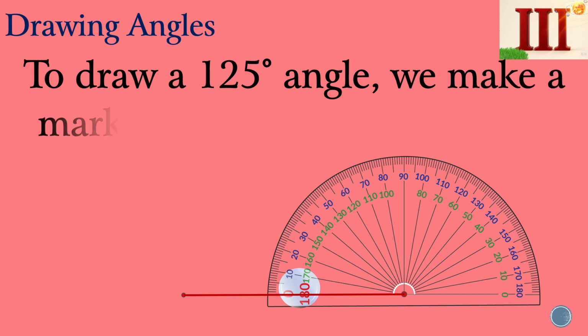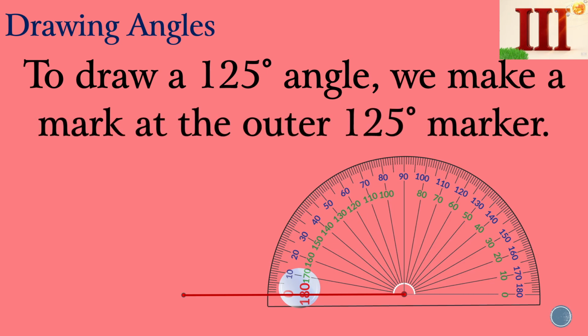So we want to draw a 125-degree angle. I didn't want to use a value that was already seen on the protractor because there will be times you'll be called to use these numbers in between here. Notice there are 10 marks in between, and in between here would be a unit of 5.